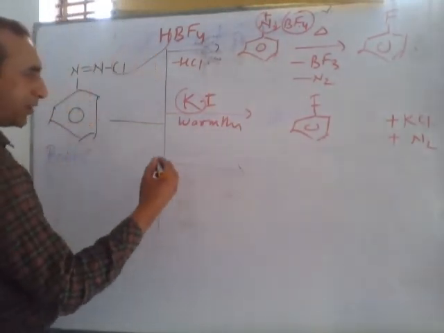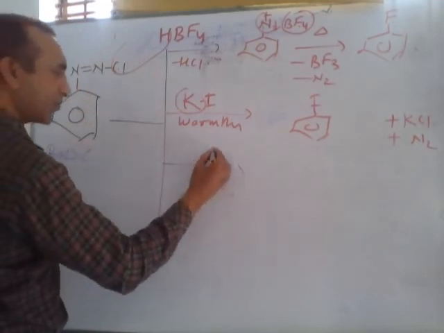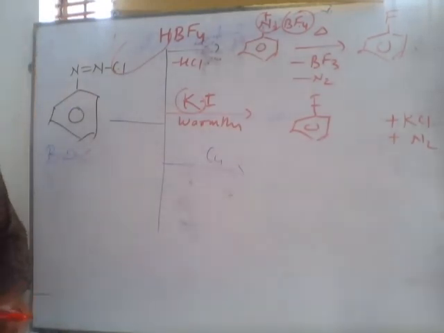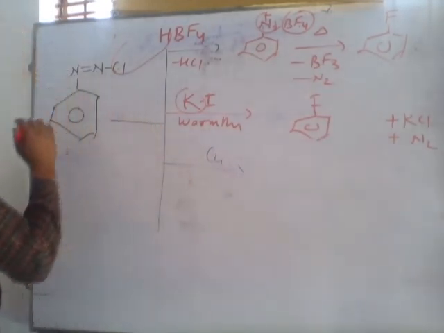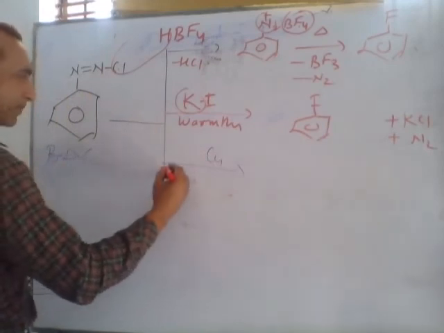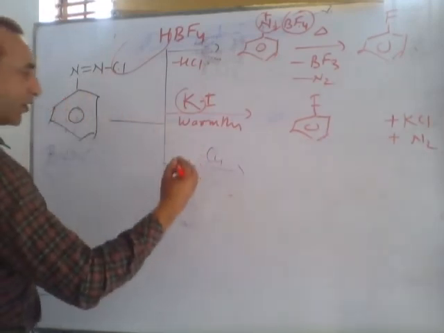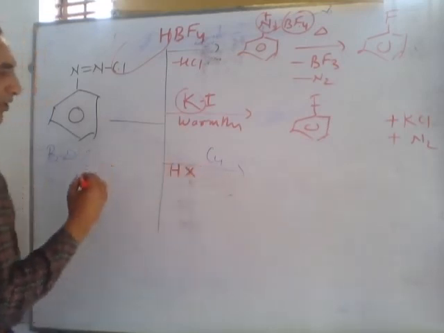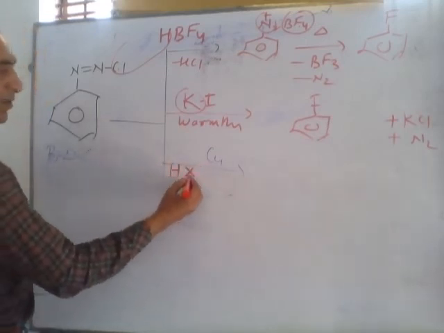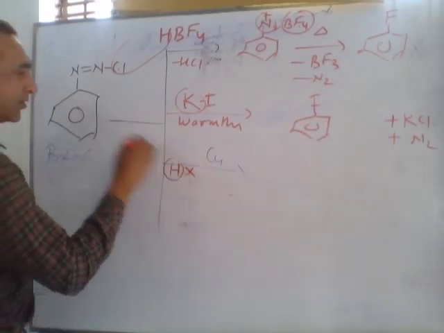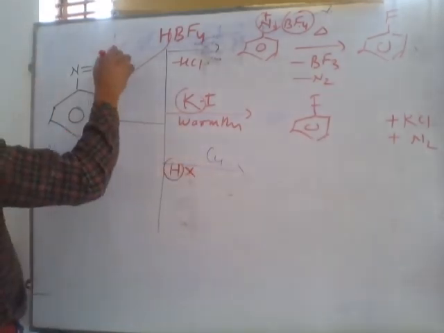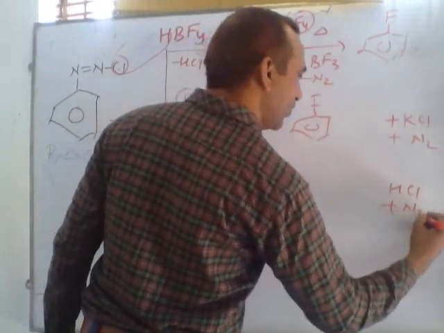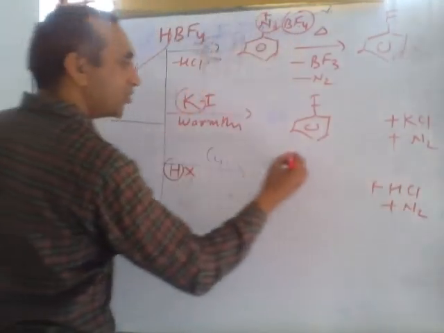If in the presence of copper, this is copper metal, we react BDC with HX. HX means hydrogen halide. This hydrogen and this chlorine are removed as HCl, N2. This halogen joins here.